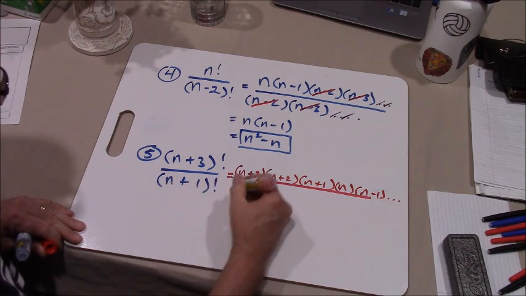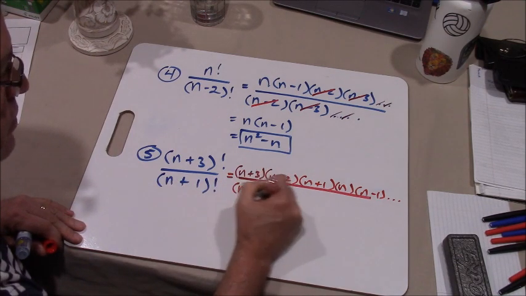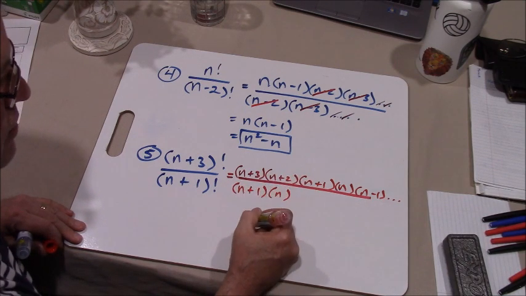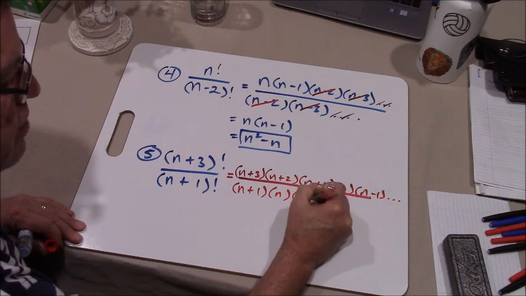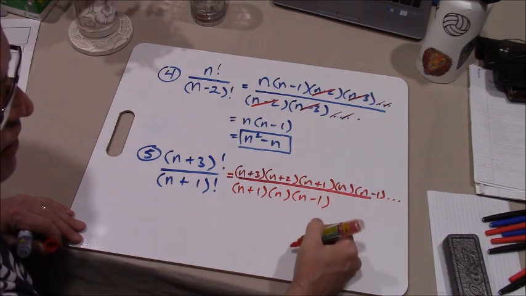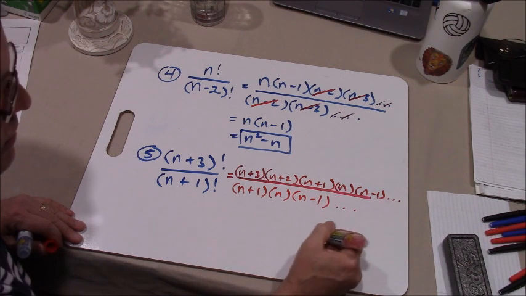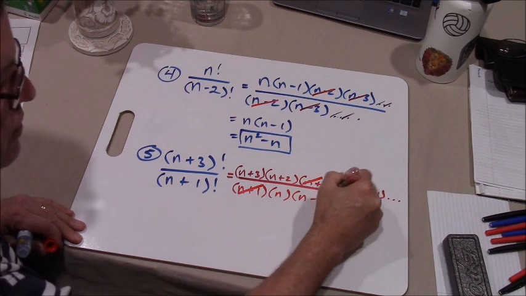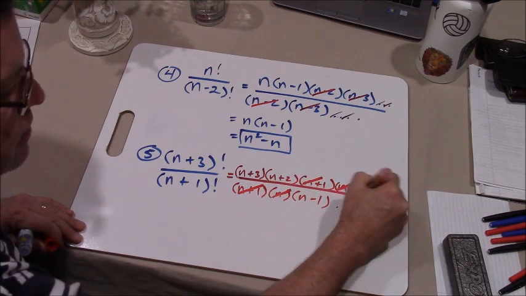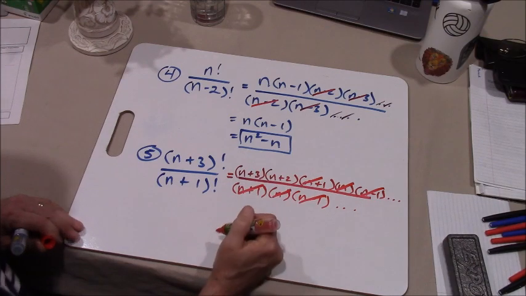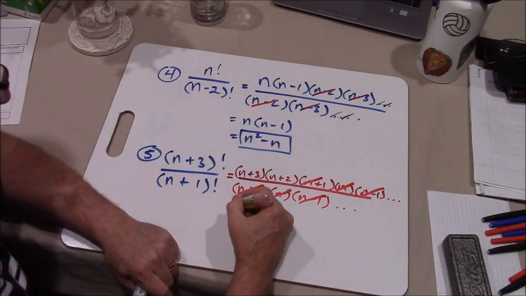In the denominator, I start with n plus 1. Subtract 1 from that, you get n. My next factor would be n minus 1. And I'm going to stop there because that's where I stopped in the numerator. Dot, dot, dot. So the n plus 1s will cancel, the n's will cancel, the n minus 1s will cancel, and here's what I'm left with, so I just need to multiply that out.